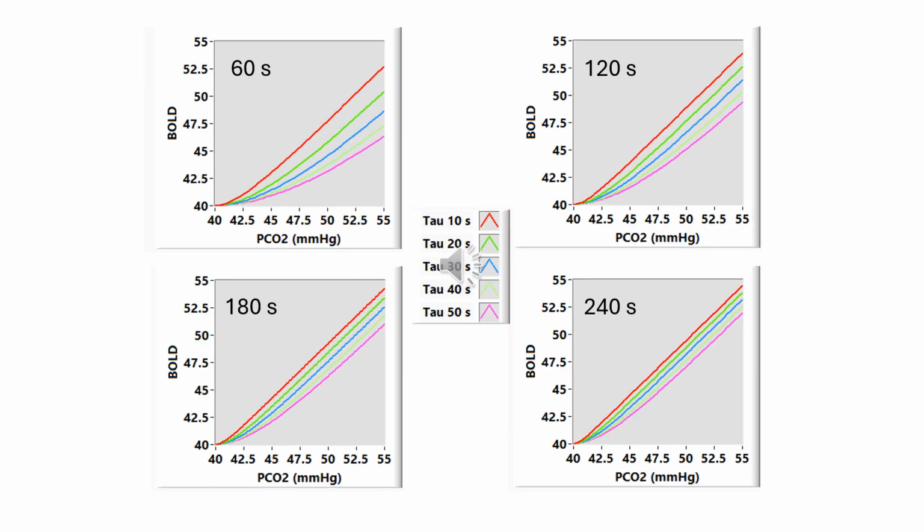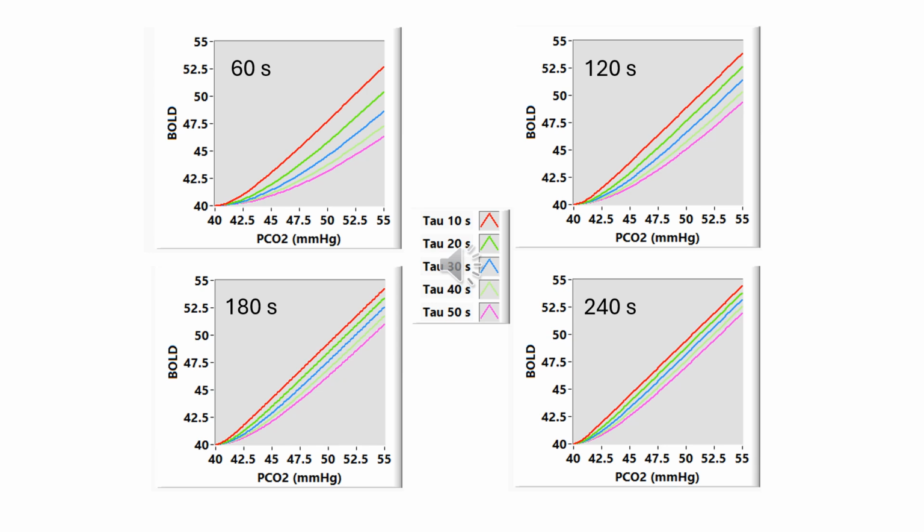One further consideration for the ramp CO2 stimulus is the choice of its rate of change. And these graphs show the bold response to a CO2 ramp of 15 millimeters of mercury, from 40 millimeters of mercury to 55 millimeters of mercury, for ramp times of 1, 2, 3, and 4 minutes.